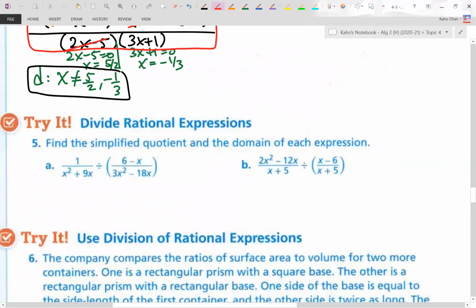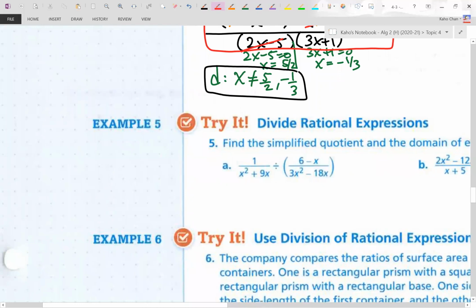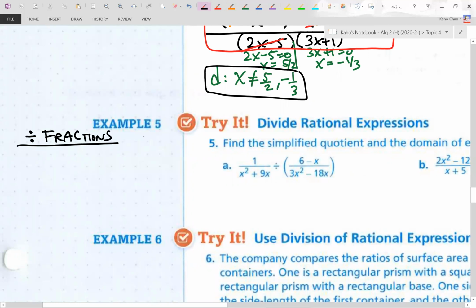It's the same process with one extra thing. Recall from your algebra days, your elementary days, when it comes to dividing fractions. The key is to multiply by the reciprocal.